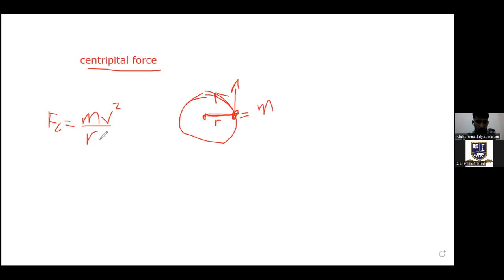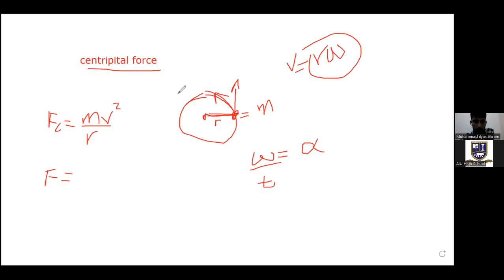in the circular direction. And for circular motion, we do not count the linear velocity, and we have the angular formula, and we know that our omega is equal to the angular acceleration, and we can have a relation between acceleration and velocity by v equal to r omega, and we can put this value of velocity here.